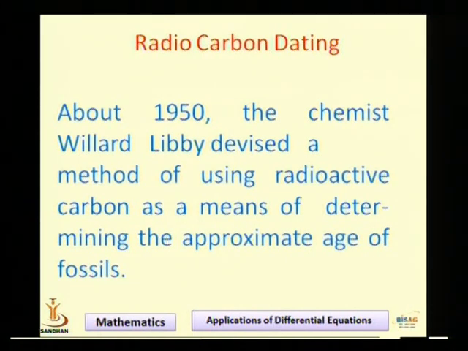Now another application of first order equation is radiocarbon dating. In 1950, the chemist Willard Libby devised a method of using radioactive carbon as a means of determining the approximate age of fossils.